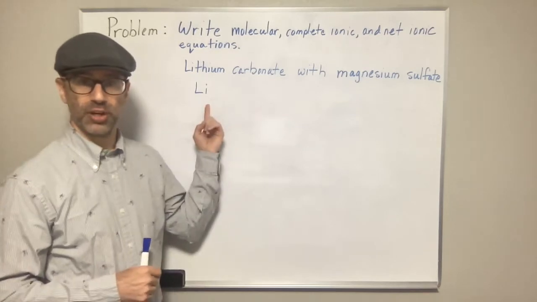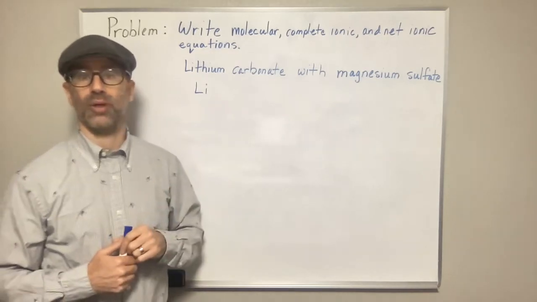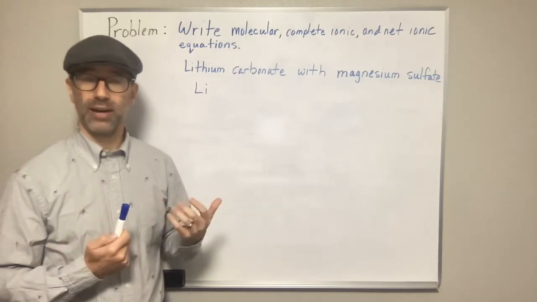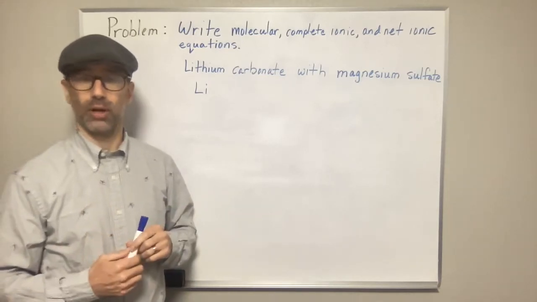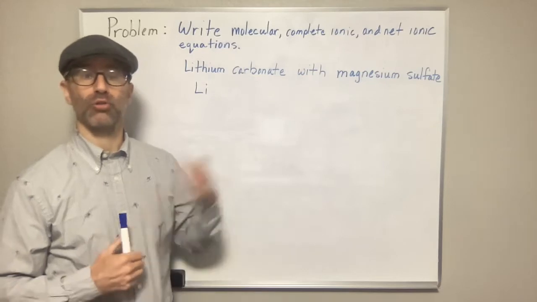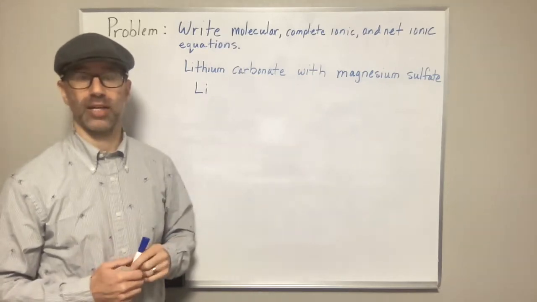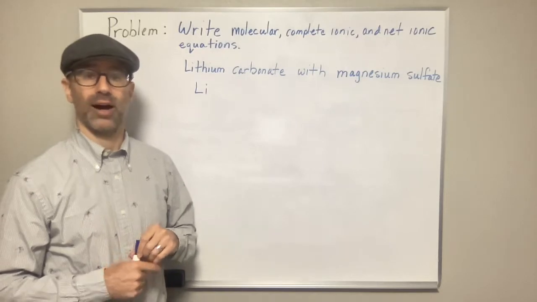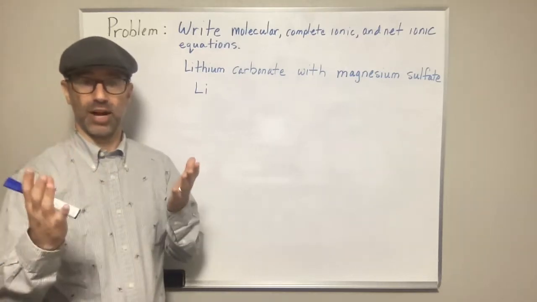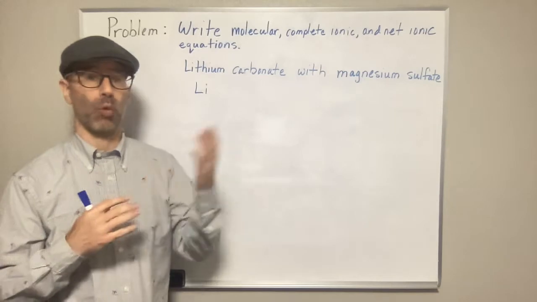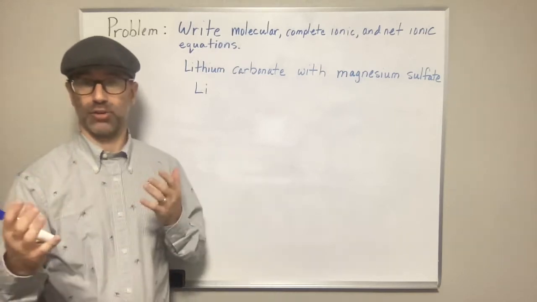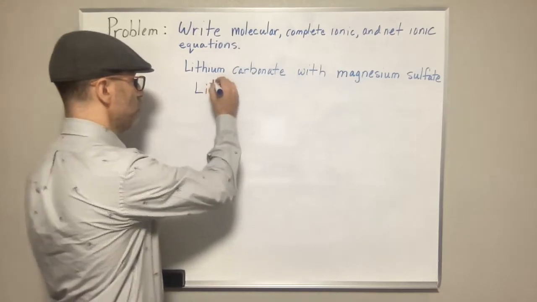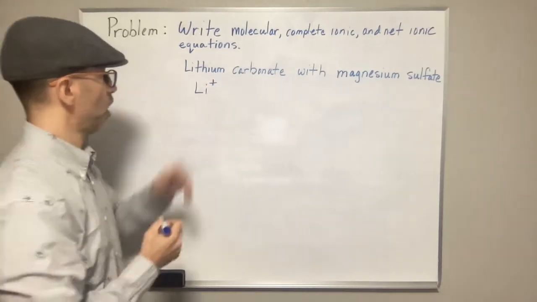Lithium is in group 1, so it has 1 valence electron. To be like a noble gas, it needs to lose that 1 valence electron. By losing it, it unbalances the electrons and the protons, so you have 1 more proton than you do electrons. That's why you have a +1 charge. So lithium has a +1 charge.